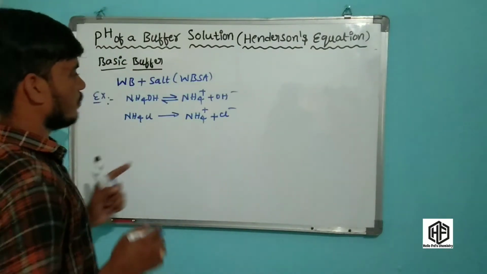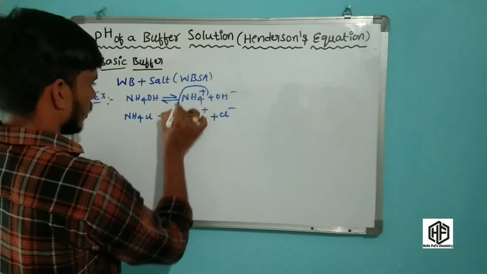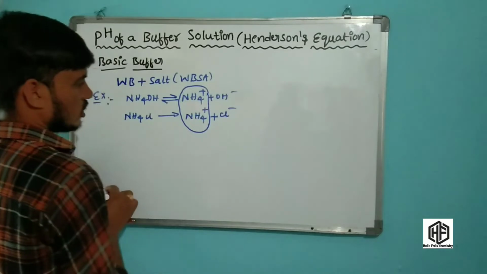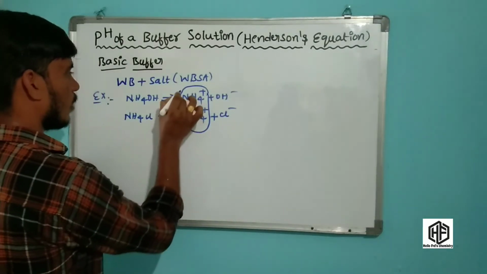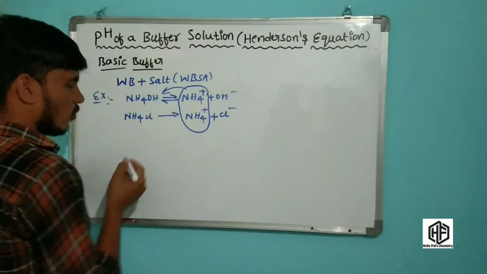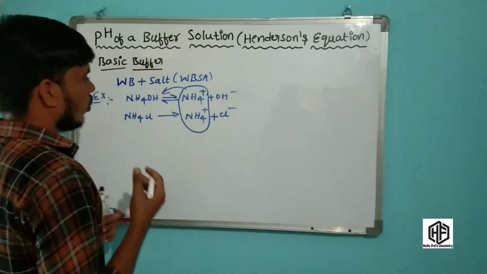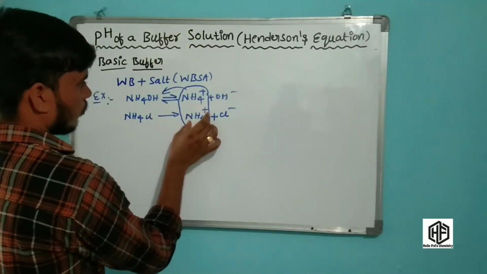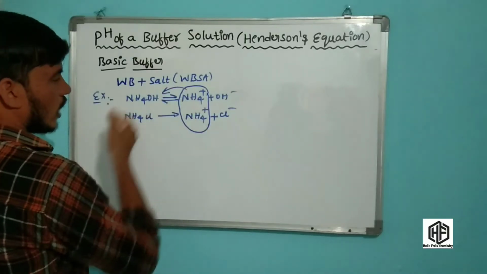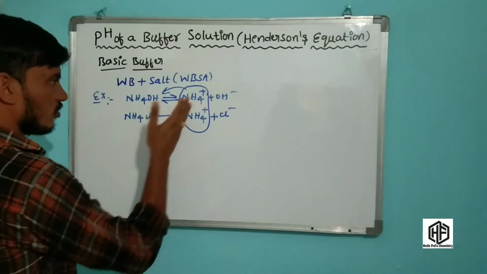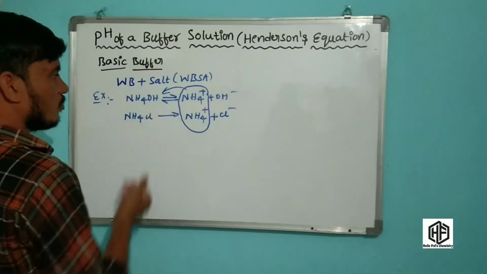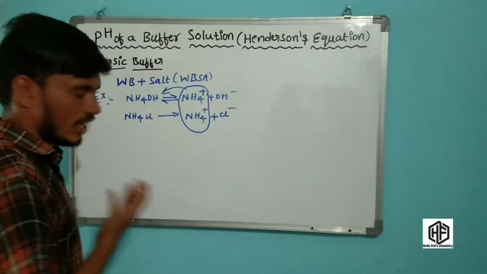You know that in this basic buffer the common ion NH4 plus is present. Due to the common ion effect, what happens? The backward reaction is favorable. NH4 plus ion concentration increases in the solution, so the backward reaction takes place.